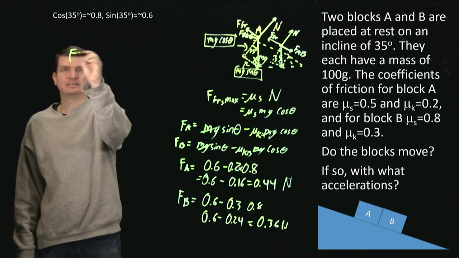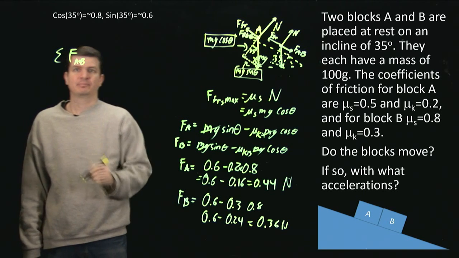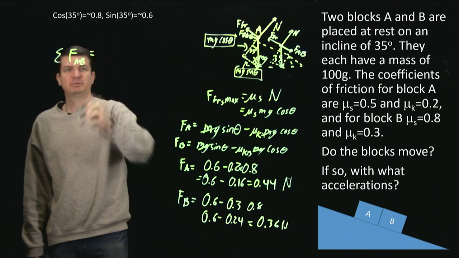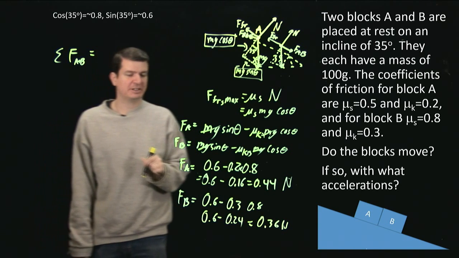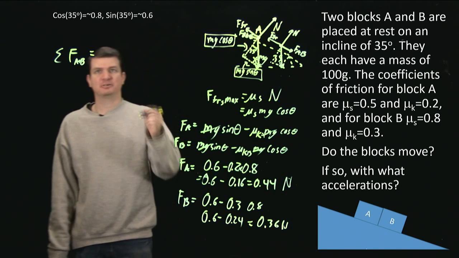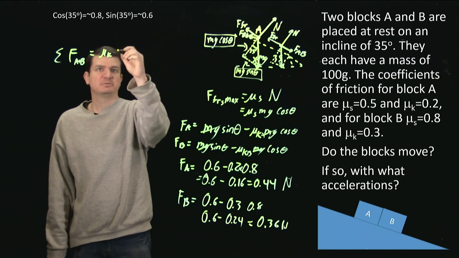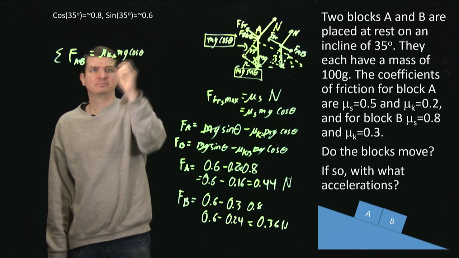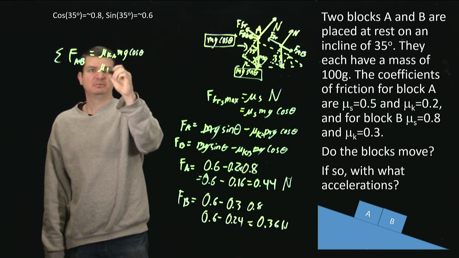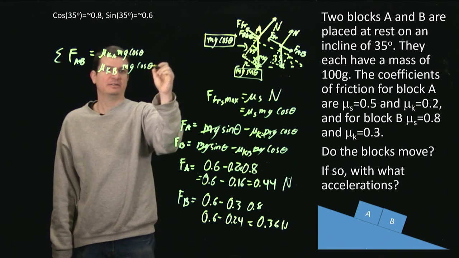So we can write that the sum of the forces on A and B are going to be, well, there's going to be friction acting on block A and friction acting on block B. So we've got a mu k times an mg cosine theta for each block, mu k B mg cosine theta.